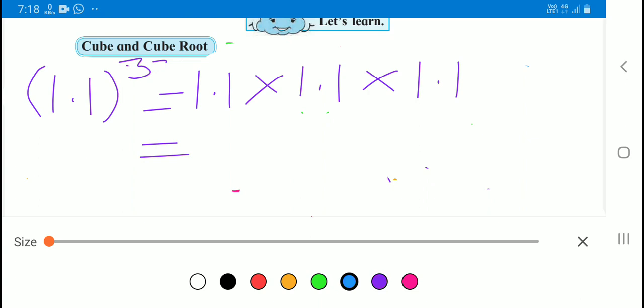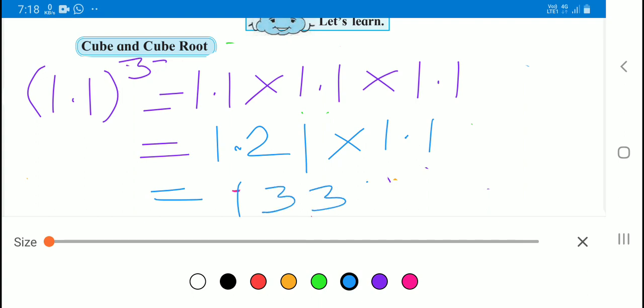Do you know the square of 11? Yes, it is 121. So here look, after point, two numbers are there. So 1.21 into 1.1 is equal to, multiply this, you will get the answer as 1331. Okay, now here 1, 2 and 3.